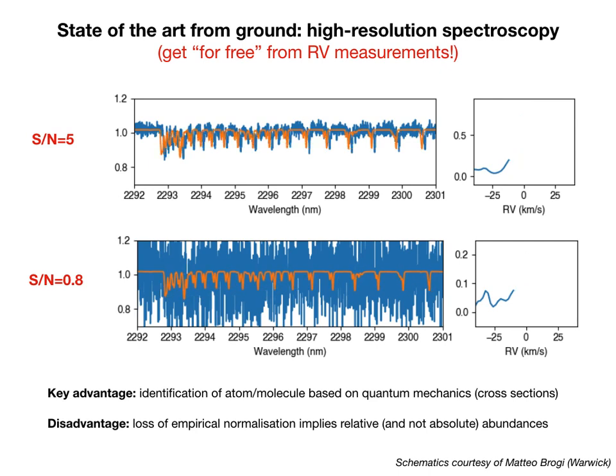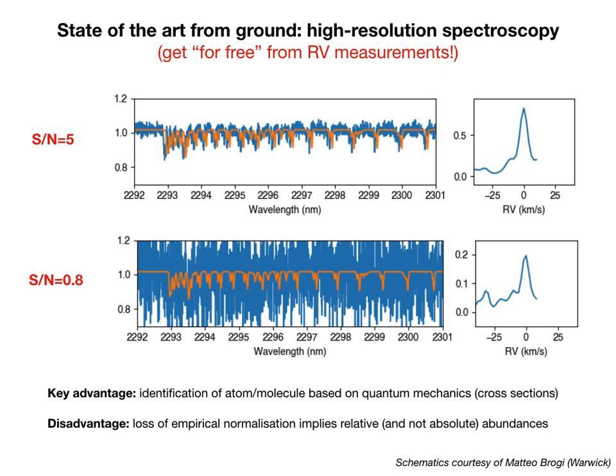In other words, in the transmission spectra, you can measure relative transit depths and not absolute transit depths. And this means that you can measure relative abundances and not absolute abundances. For example, you can say how much water there is relative to, say, methane, but you couldn't infer the absolute abundance of water.